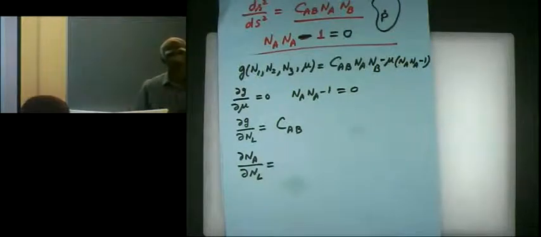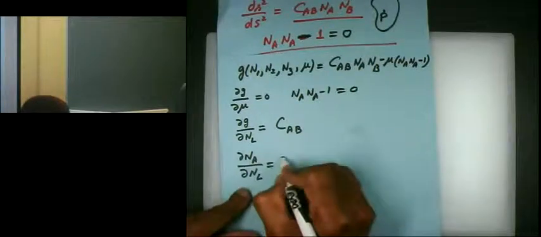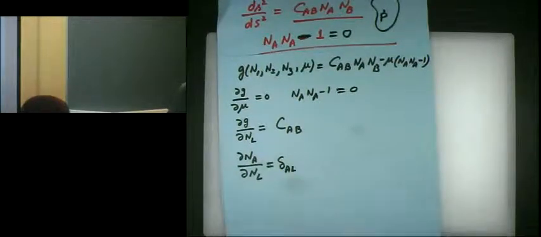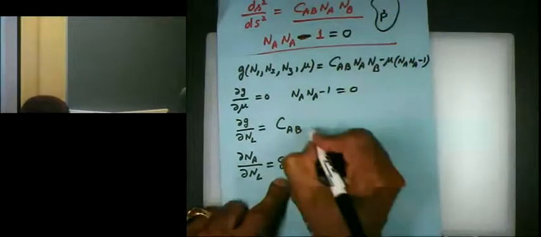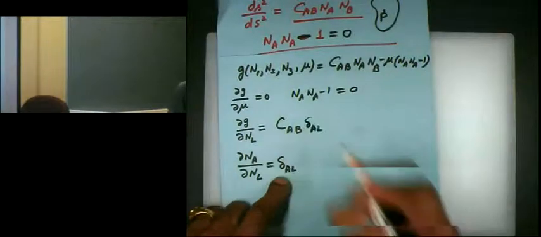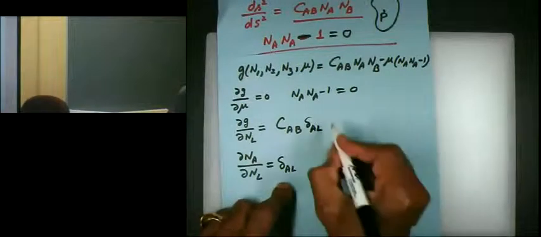We said delta x1 over delta x2 is 0, but delta x1 over delta x1 is 1. So n1, n2, n3 are independent variables. If you differentiate n1 with respect to n1, you get 1, otherwise you get 0. So this is delta AL. So delta nA over delta nL will be delta AL, and nB.